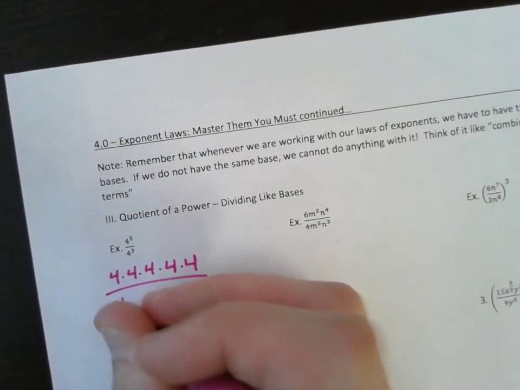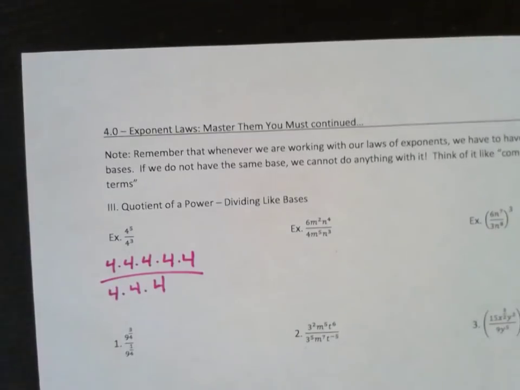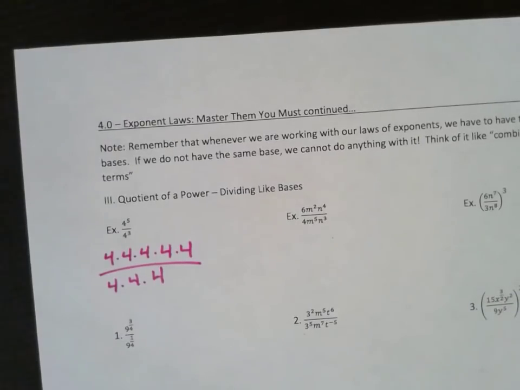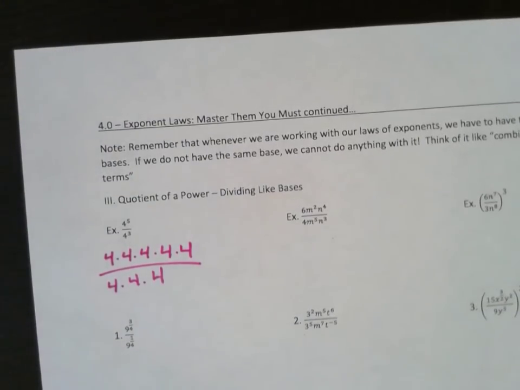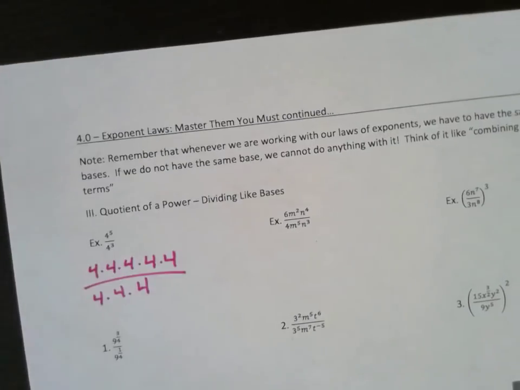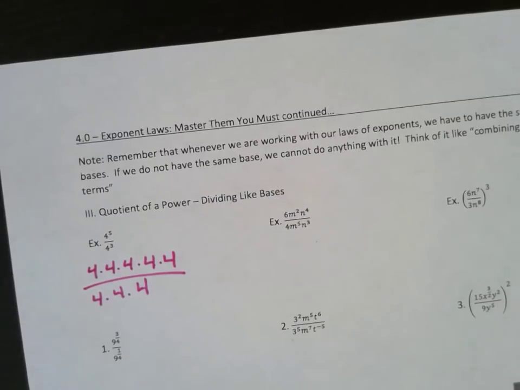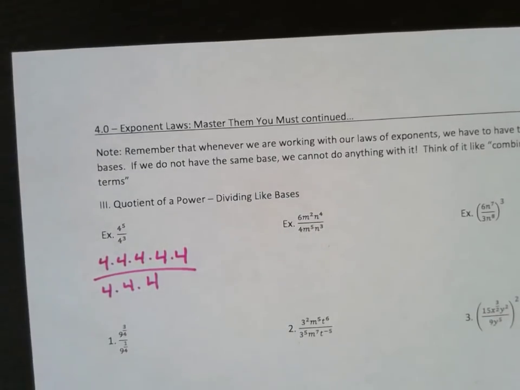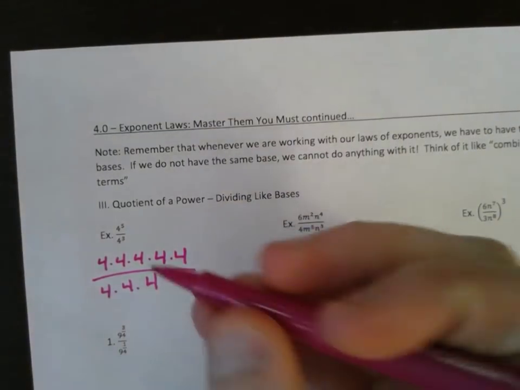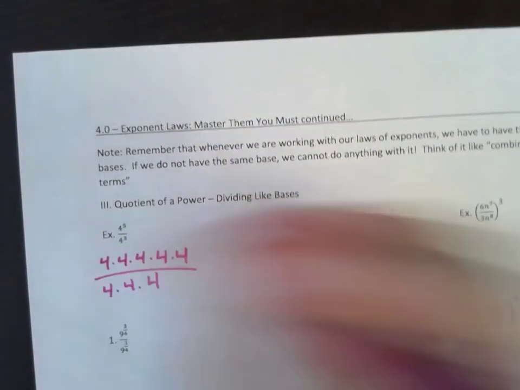But I don't actually care what the answer is when you multiply all these out. Now, if you remember the basic concept of division, when we're dividing, things kind of cancel each other out. Canceling is a bad term to use here, because when you divide something by itself, it doesn't really cancel out. It divides into 1.